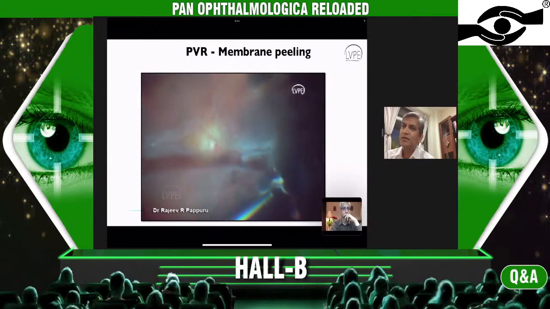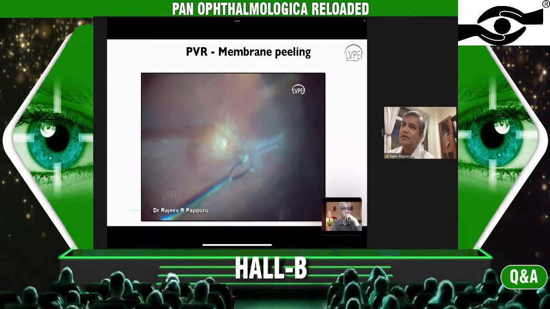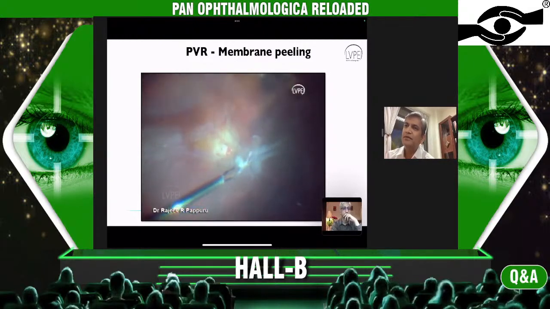Like you see, I'm not pulling towards the vitreous cavity, I'm going towards the periphery. That removes the membrane more easily than pulling it up, which might cut off the membrane, and then you have to go back and hold the membrane again. That's something you should always remember when doing membrane peeling in these cases.